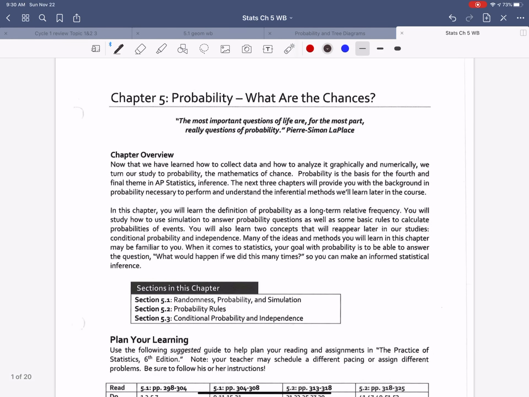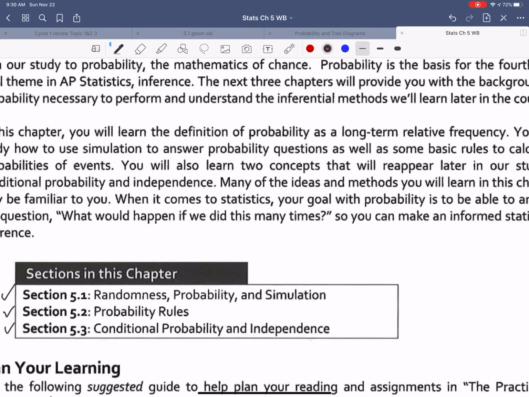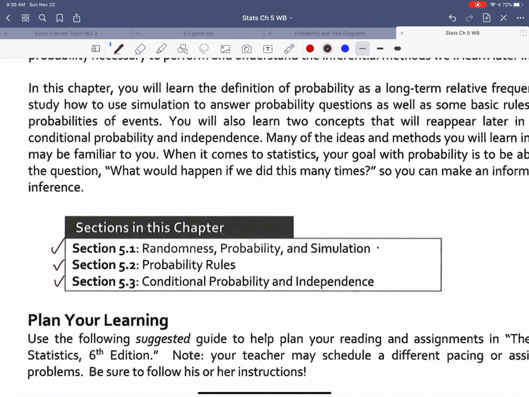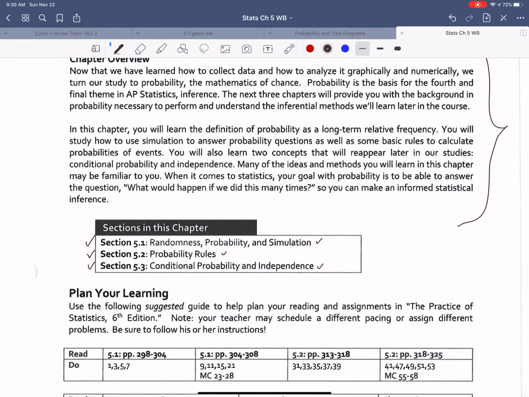I'm just going to work my way through some of this Chapter 5 probability section. It is good to read through this. It gives an overview of the whole chapter. Notice we have gone through each section a little bit. We'll do a couple more activities in this last section about conditional probabilities and independence.